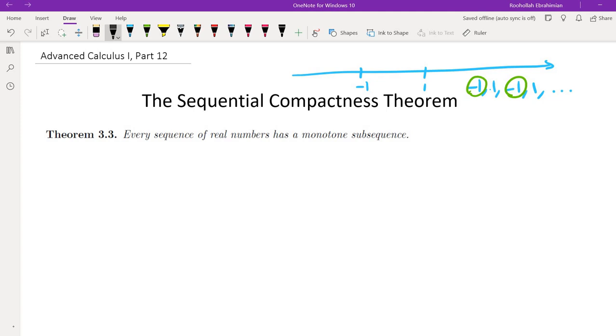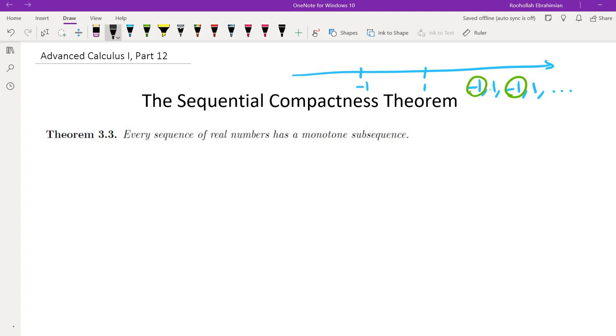So the objective for today is to basically study that. Given a sequence, can we create a convergent subsequence of that sequence?